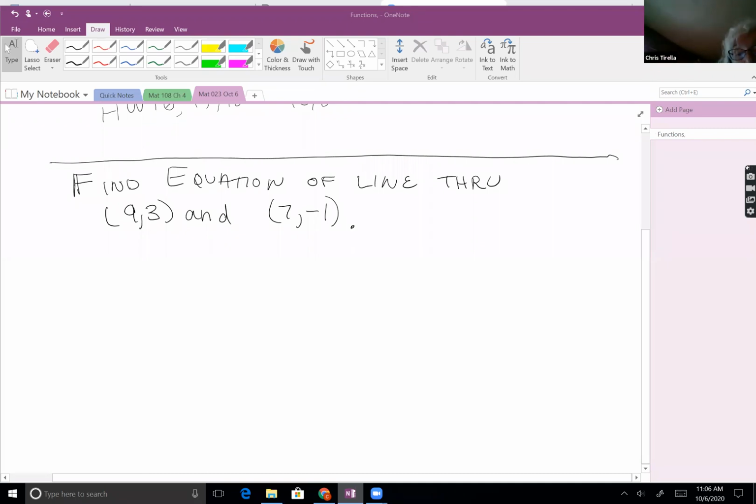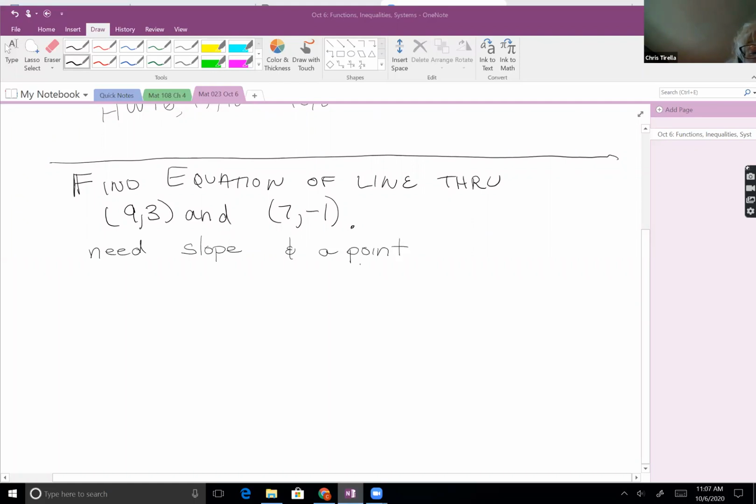So tell me, folks, what you can remember from last class. In order to find the equation of a line, we need two things. We need what? The slope, and we need a point.